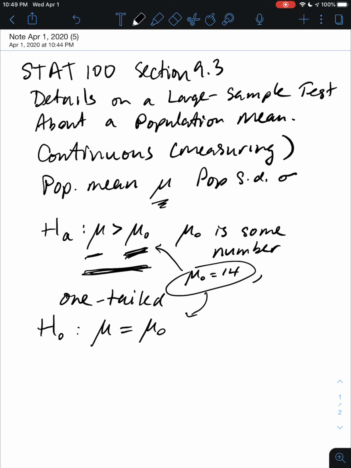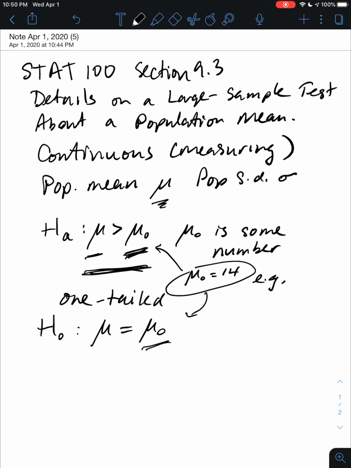This is just an example, right? In any particular problem, you've got to hunt through the problem and figure out what that number is. But in general, we're going to leave it as a letter just so that I can write down a blanket statement about how to do this hypothesis testing. So the same deal as with the alternative hypothesis. Okay, so there's our hypotheses.